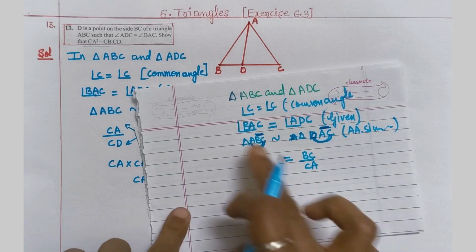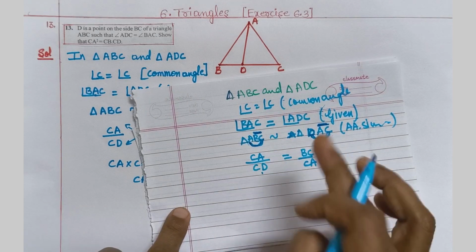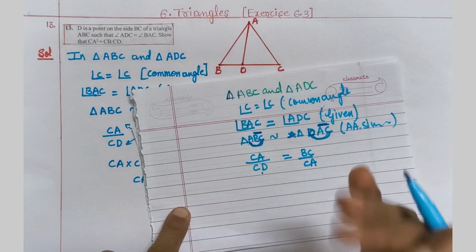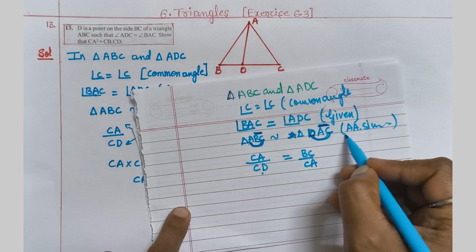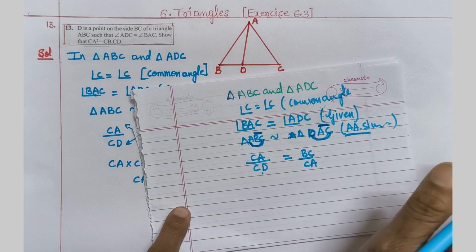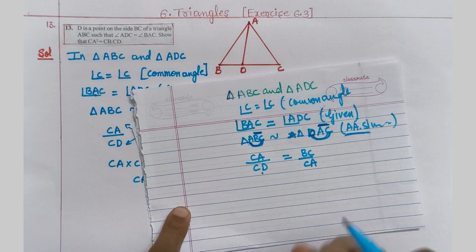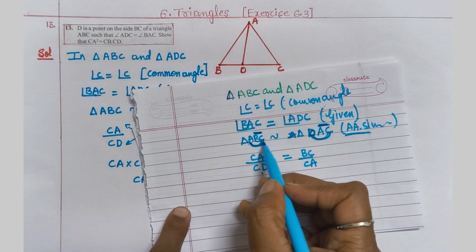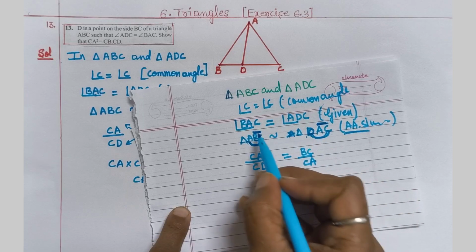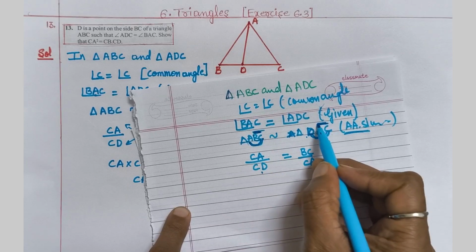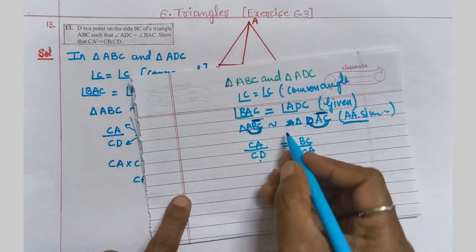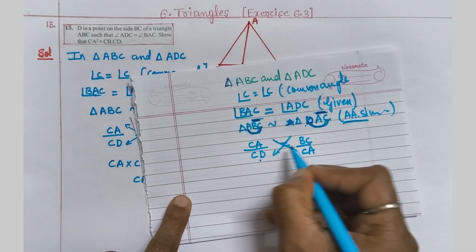Why? Because these two triangles are similar triangles, and similar triangles mean their corresponding sides are proportional. Here which criteria was proved? The angle criteria, so the corresponding sides are proportional. So CA by CD, next BC by CA. Now we will do cross multiplication.